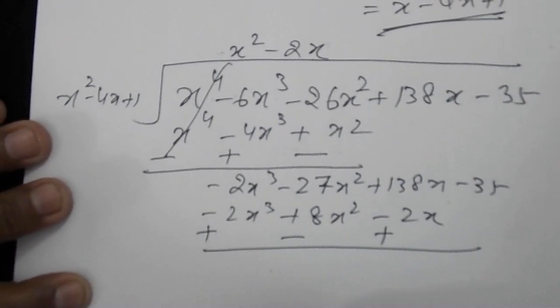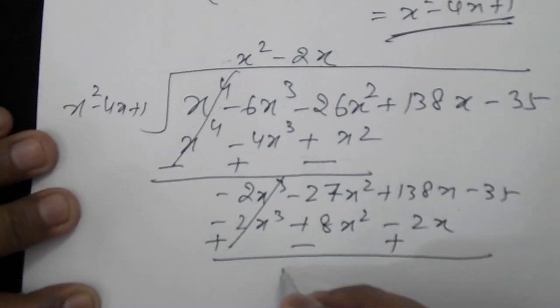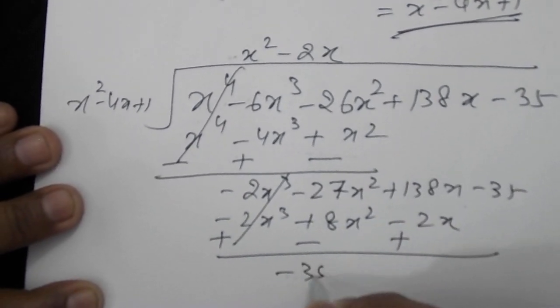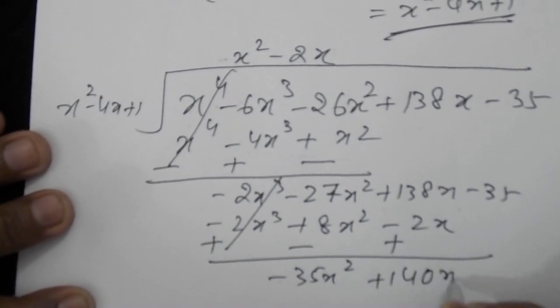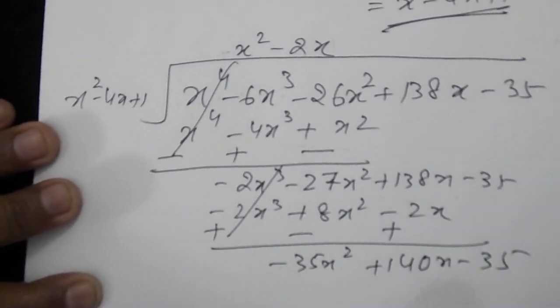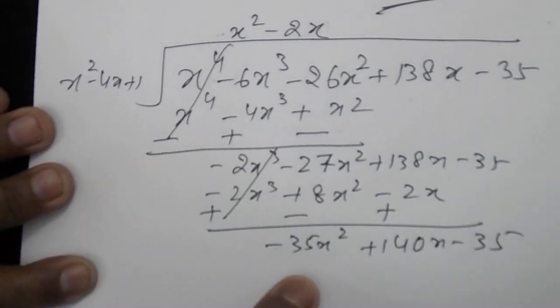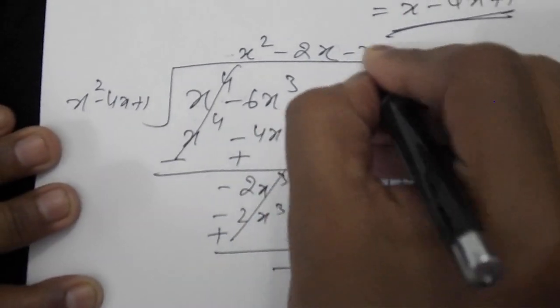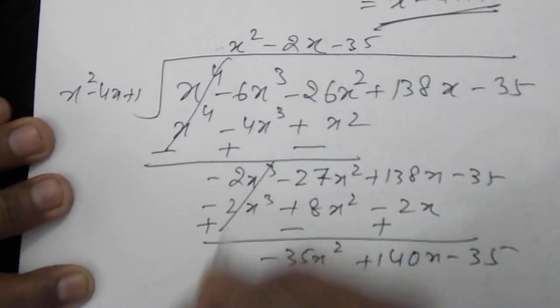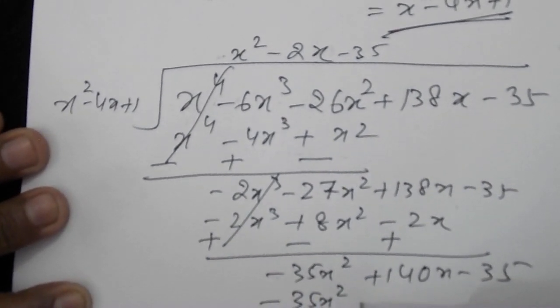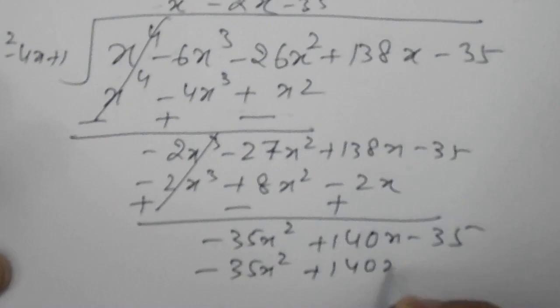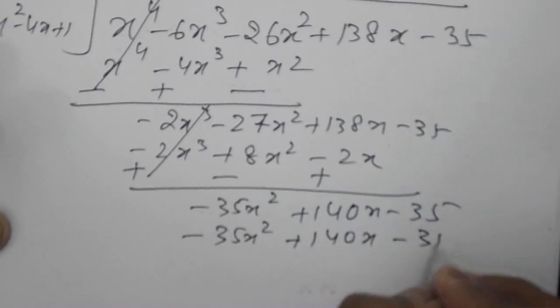Let us change the signs. So this again gets cancelled, and here we get minus 35x square plus 140x minus 35. Now we have to multiply with minus 35. So this gives us minus 35x square plus 140x minus 35.